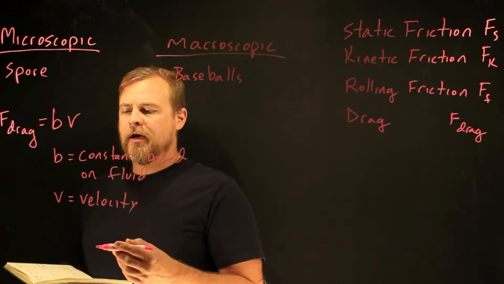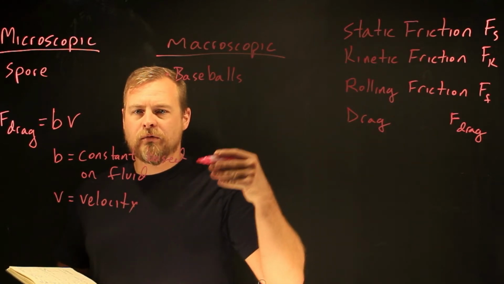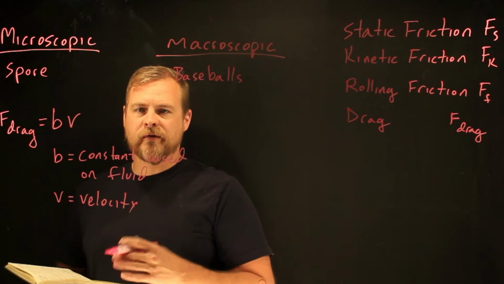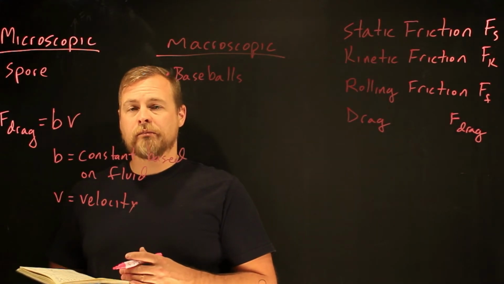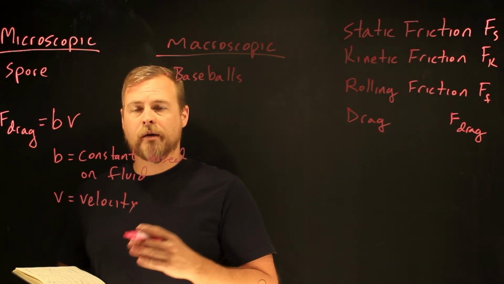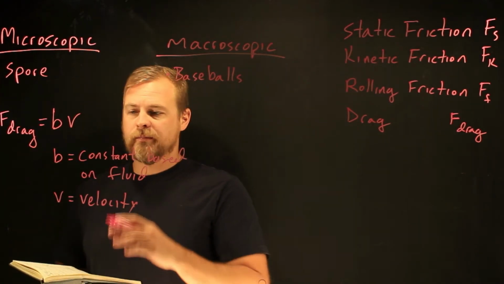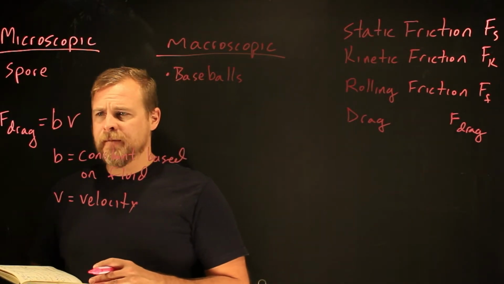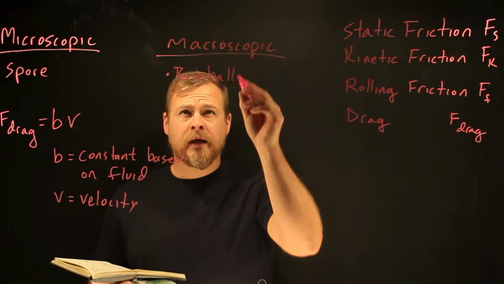Same thing, water. Okay, I can move pretty easily to the bottom of a pool because I swim very slowly, but if I were to shoot a bullet into a pool, it's only going to go a couple feet before this B value takes over and stops it. So fluids are very interesting.